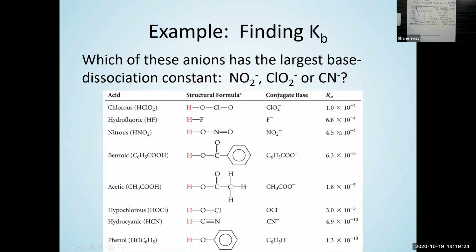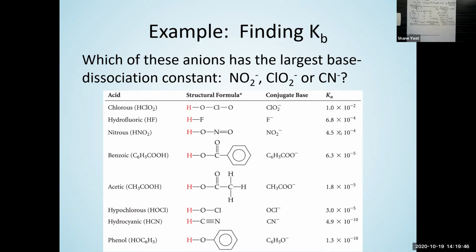The size of the Ka tells us that an acid like HClO2 is a relatively strong weak acid. It's still considered a weak acid, but it's much stronger than, say, HCN.